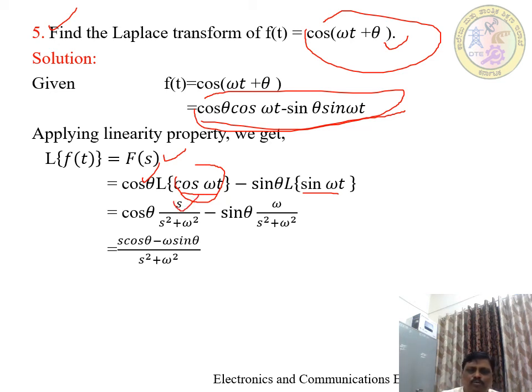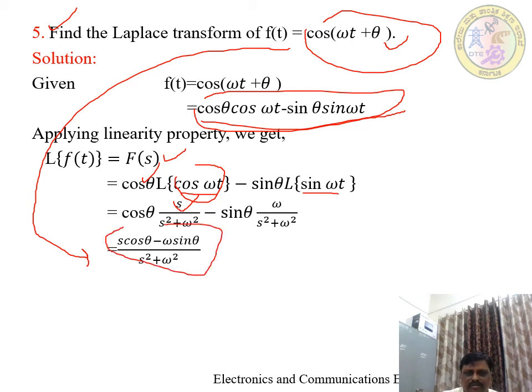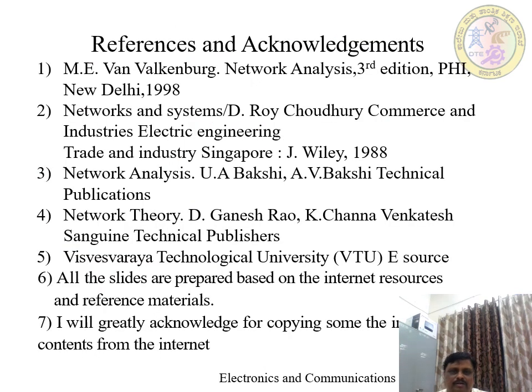LT of cos of omega t is s by s square plus omega square, minus sine of theta times LT of sine of omega t, which is omega by s square plus omega square. Simplifying, we get LT of this function f of t as s into cos of theta minus omega into sine of theta, divided by s square plus omega square.